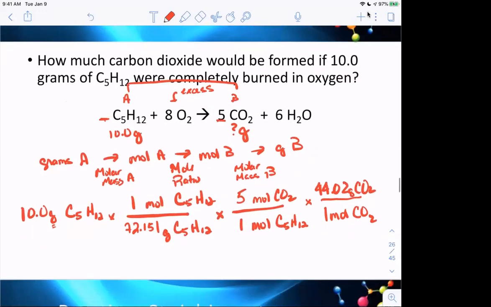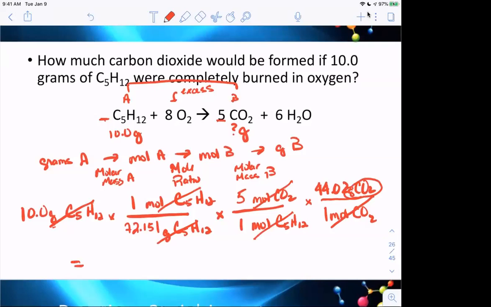When I look at this, grams of C5H12 cancel with grams, moles of C5H12 cancel with moles, moles of CO2 cancel with moles of CO2. I'm left with grams of CO2 as my units, which is what I want.